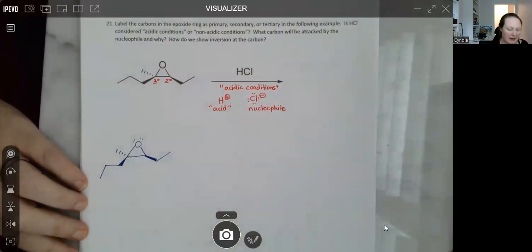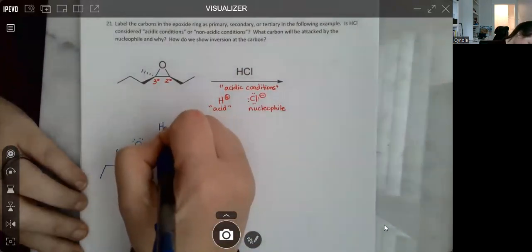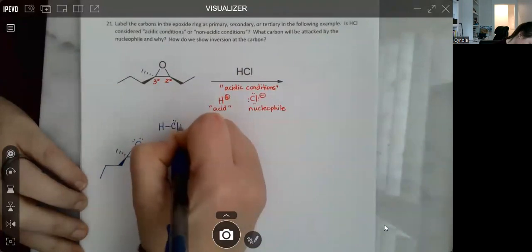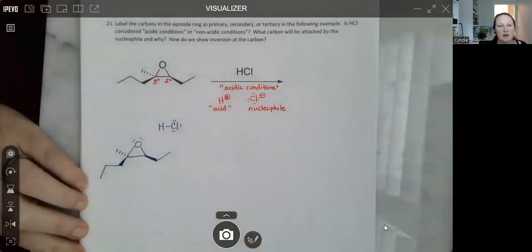So I just redrew that, and I'm going to redraw some HCl, and I'm not going to show it dissociated. I mean, it could be dissociated as hydronium ion, but this is fine to just show it not dissociated.